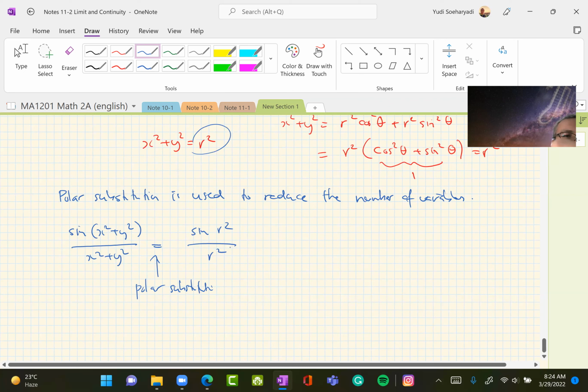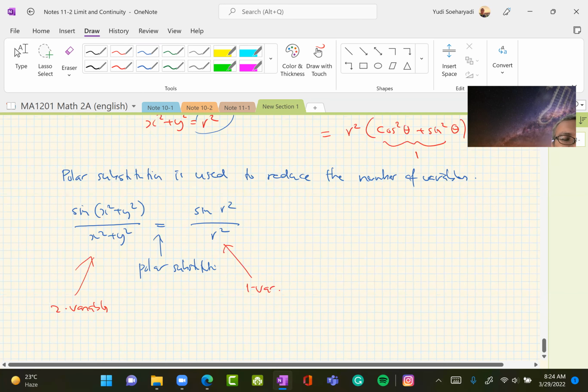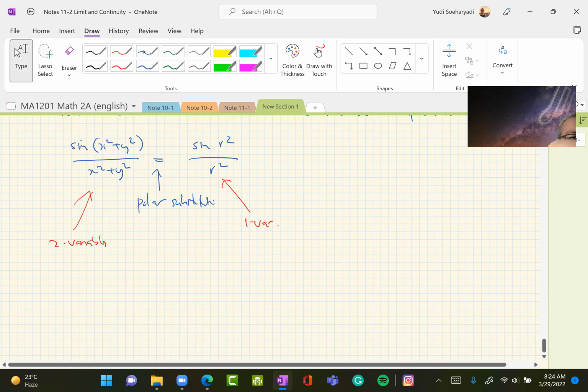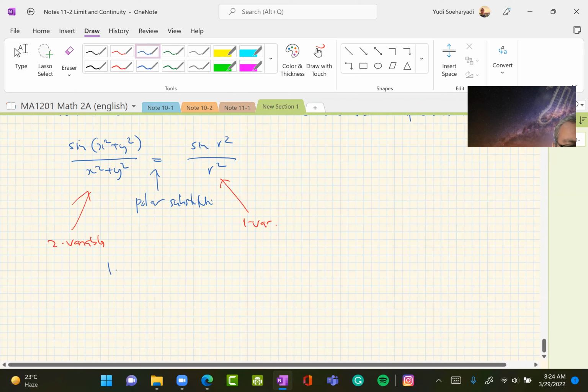Here you have two variables, here you only have one variable, and with one variable you can use L'Hopital.